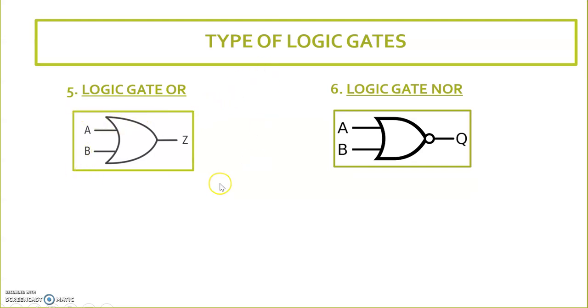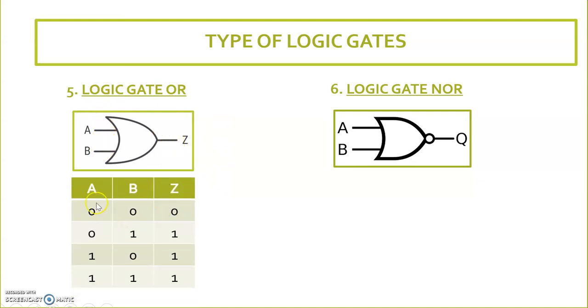Next, logic gate OR. This is the symbol of OR. It has 2 inputs as well and 1 output. This is the list of inputs A and B. The concept of logic gate OR is that for the output to be 1, either A or B must be 1.